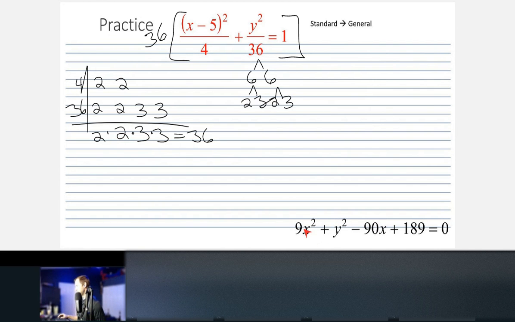If you did make the mistake of multiplying this problem by whatever 36 times 4 is, the answer you get wouldn't necessarily be wrong. It's just not finished. You would have numbers that are basically a scaling factor. So you would have 36x squared plus 4y squared minus 360x plus whatever 4 times 189 is.